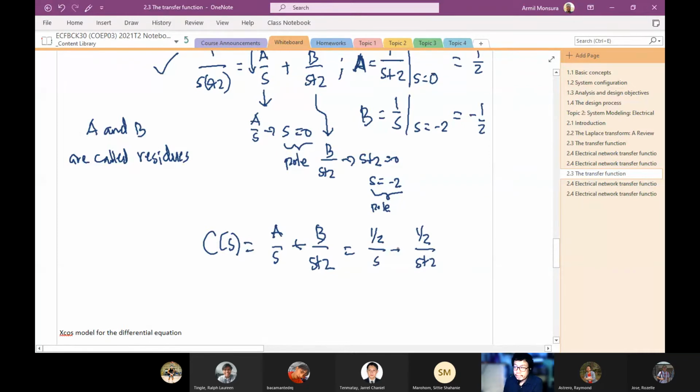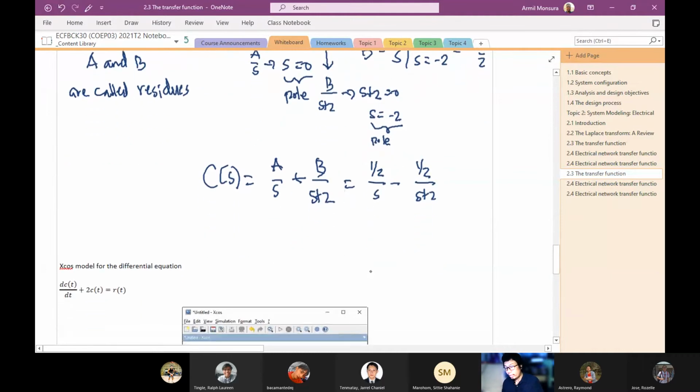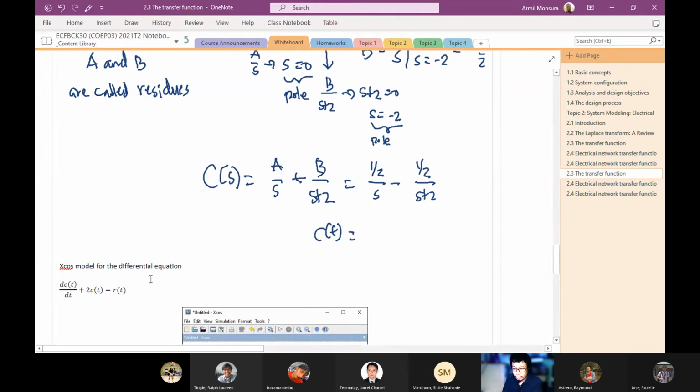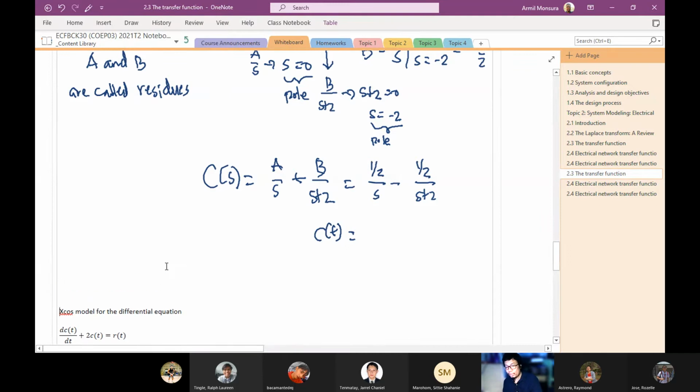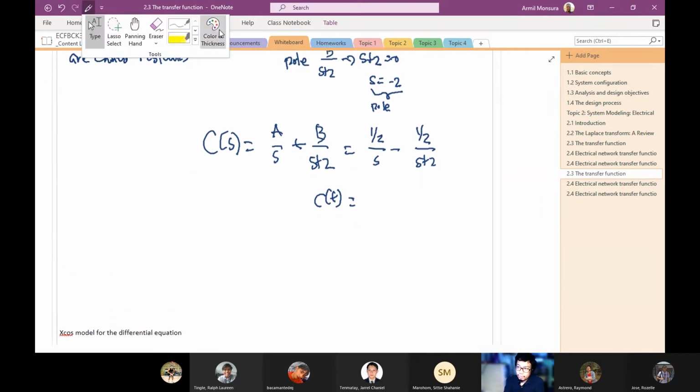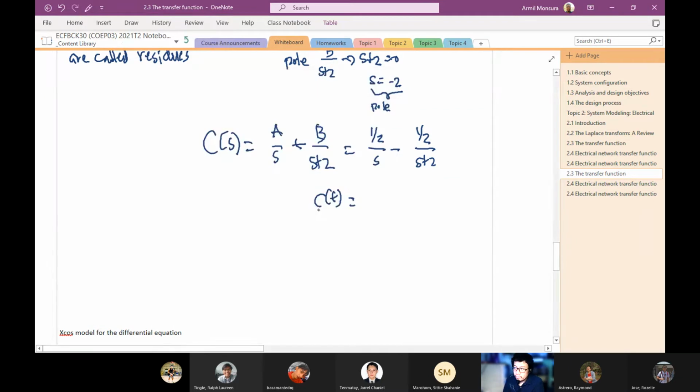Okay? Which now lends us a way para makuha natin yung inverse Laplace transform niya na C of t. Okay. And again, this is something that you should have learned to do in the recording for the previous lesson. Okay?